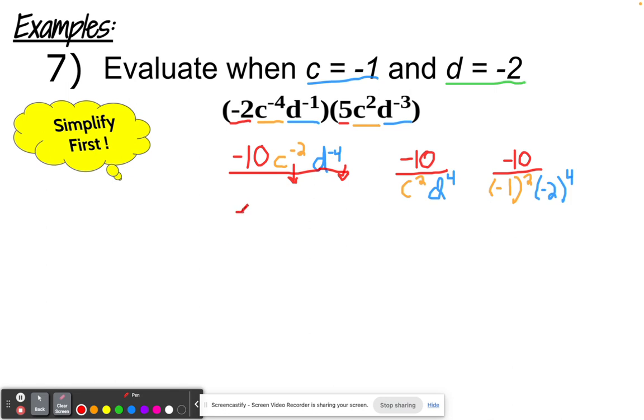My numerator will still be -10. -1 to the 2nd power, -1 times -1 is +1. -2 to the 4th power, -2 times -2 times -2 times -2 is +16.